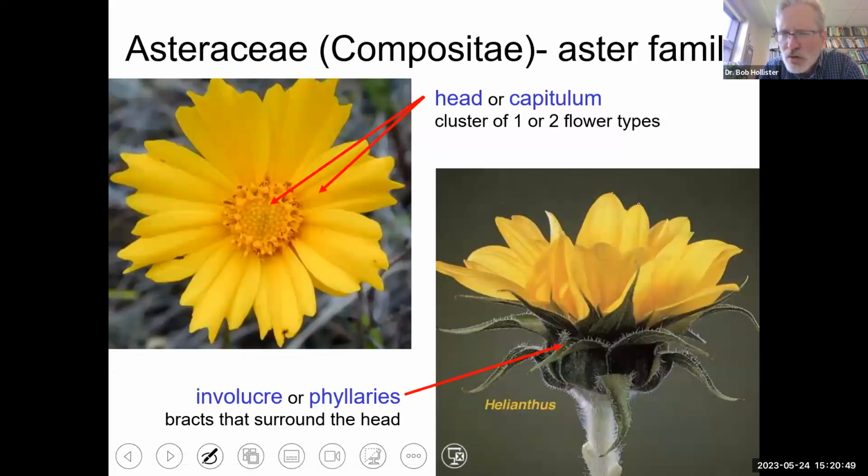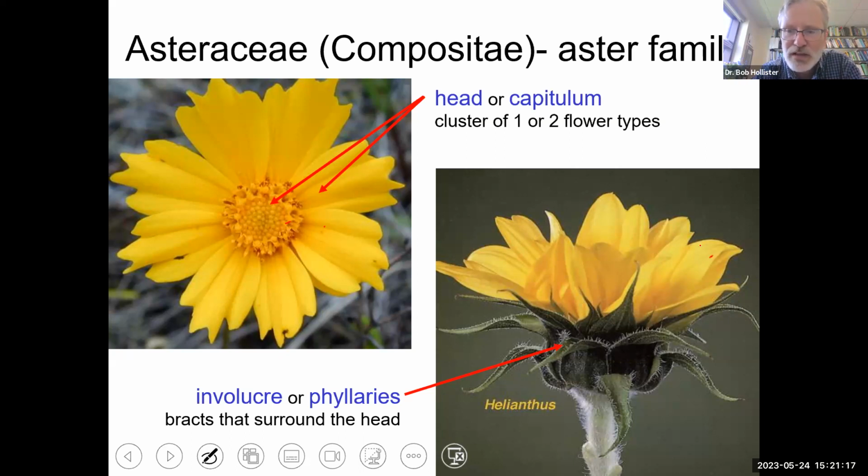Here are some terms that you need to be using if you are taking these to species. You talk about the head, where all the flowers are coming from, or the more fancy term, capitulum. In this case, there are two flower types; we'll go over those in a second.